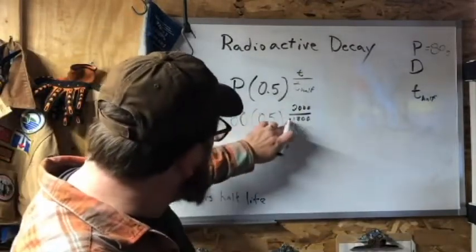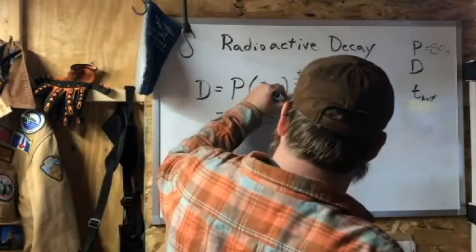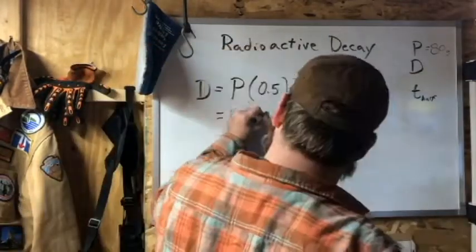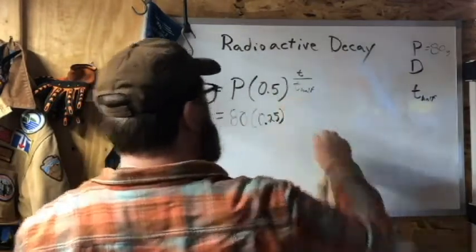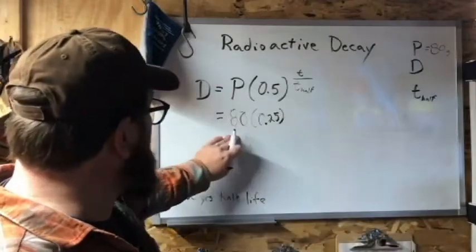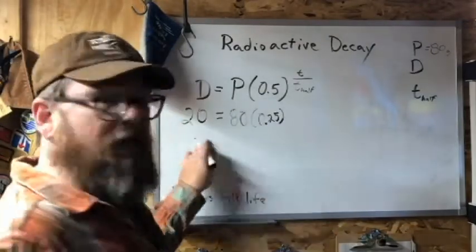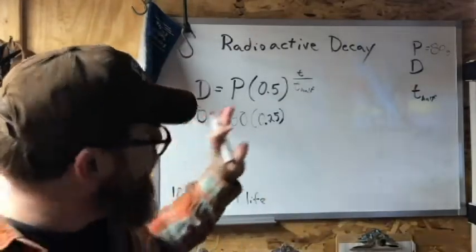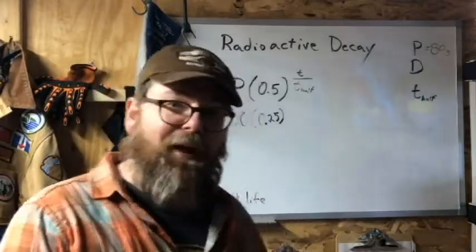Because this time we're going to have 2 divided by 1, which is essentially the same as taking 0.5 to the second power, which is going to make this 0.25, because you always work your exponents first. So now we're multiplying 80 by 0.25, and we get 20. So this equation works. It's a quick little thing to demonstrate half-life, and then we're just going to move on after that point.